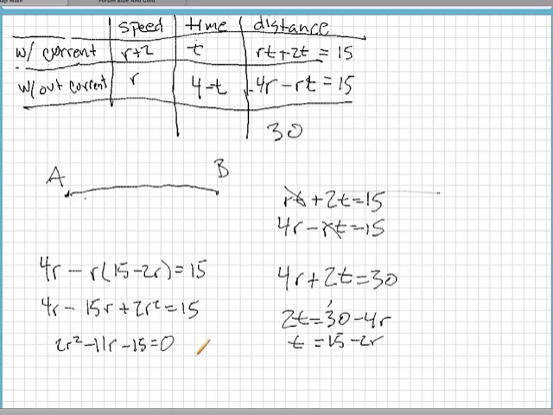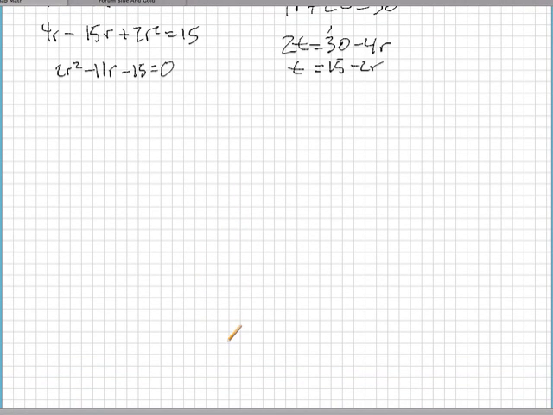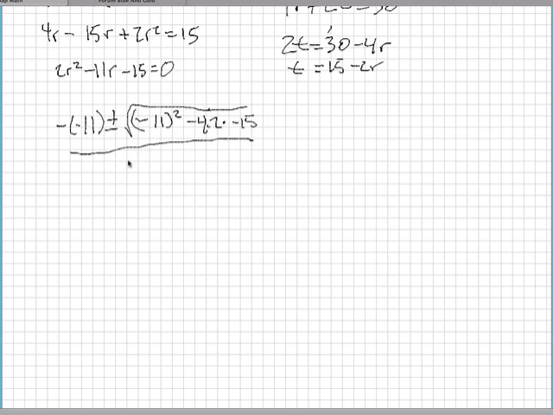And then from here, we can do the quadratic formula. So negative 11 plus or minus the square root of negative 11 squared minus 4 times 2 times negative 15, all over 2 times 2. And that should equal, if you plug that into your calculator, 6.63.